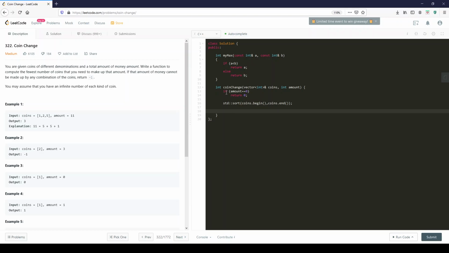Okay. Next, we would like to come up with a dynamic array. So this takes memory from the heap, and how do we do this?